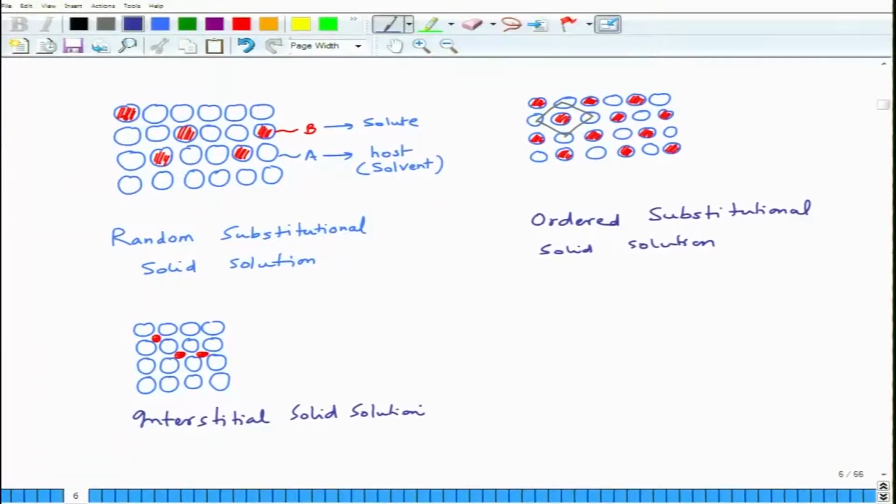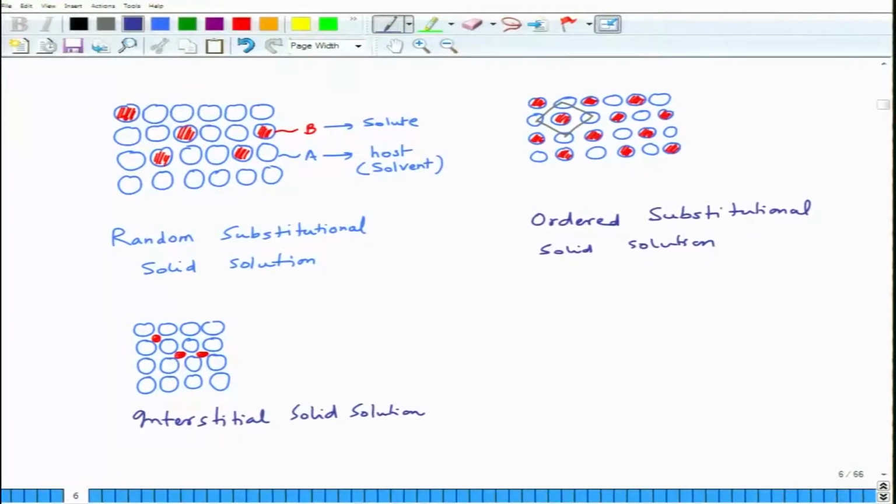You can have ordering at the interstitial sites as well, as we will see in case of, for example, silicon carbide or zinc sulfide, but it typically happens in case of ionically or covalently bonded solids. In case of metallic solids, interstitial solid solutions are typically random in nature.